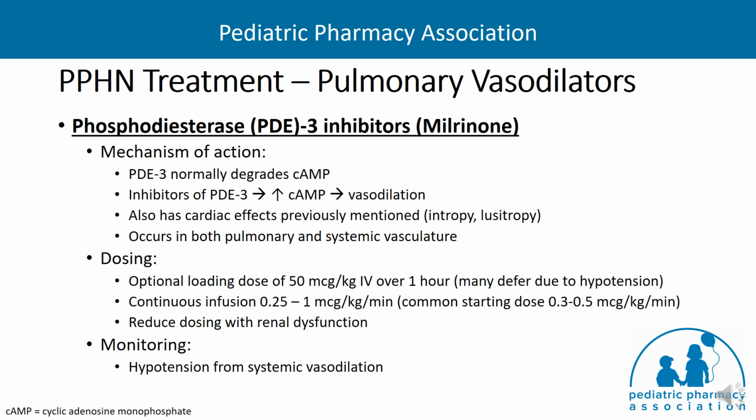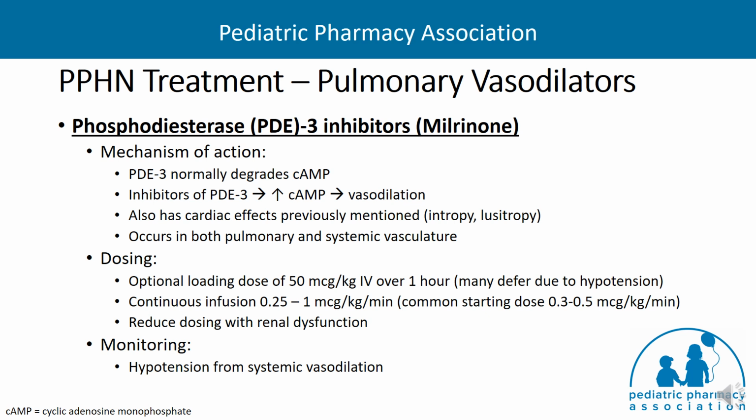Its mechanism specifically for pulmonary vasodilation is through that PDE3 inhibition, which results in increased concentrations of cyclic AMP. So similar to cyclic GMP, cyclic AMP results in pulmonary vascular relaxation and therefore vasodilation. Again, similarly, this effect doesn't just occur in the pulmonary vasculature, it also occurs in the systemic vasculature, so definitely something to keep in mind.